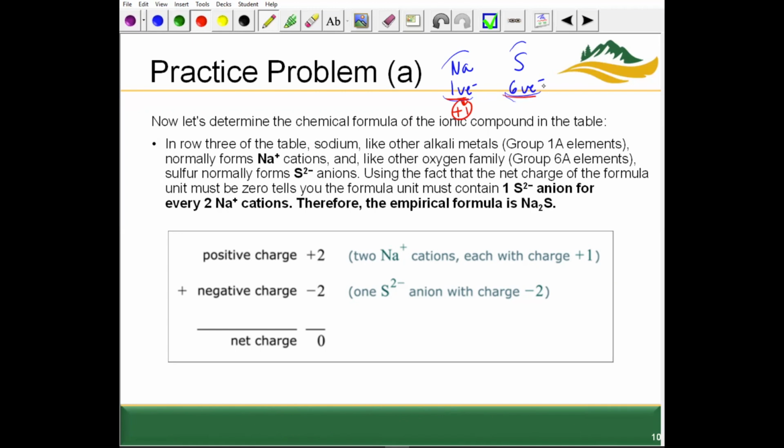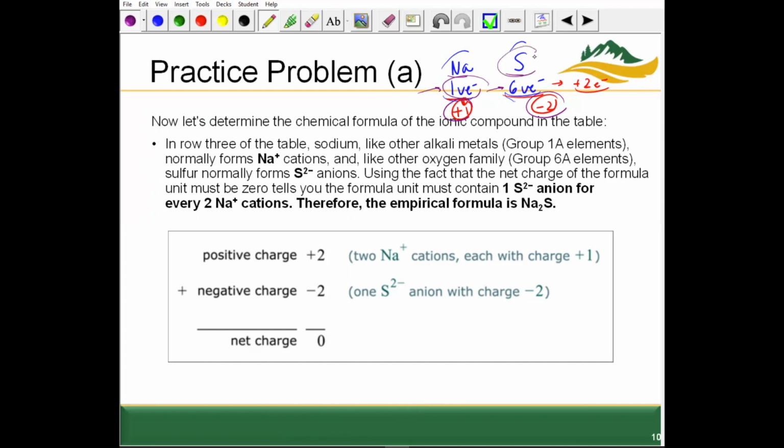Sulfur has 6 valence electrons. It wants to gain 2 more electrons. When it gains 2 more electrons, it likes to have a -2 charge. So valence electrons, not super necessary to list here, better just to think about the charges, so +1 and -2. Based on their placement in the periodic table, this should also be predictable. So alkali metals form +1 ions with 1 valence electron.